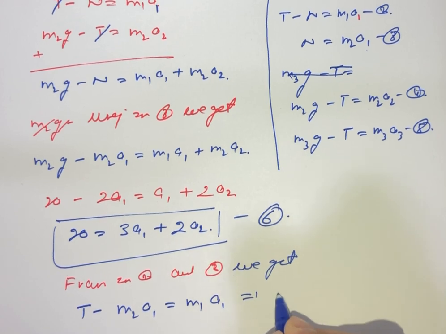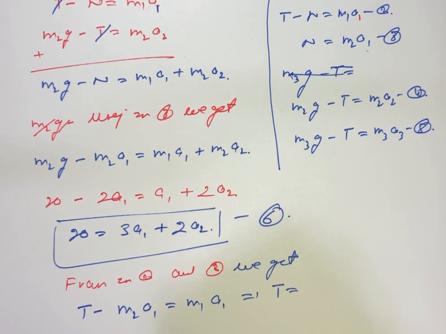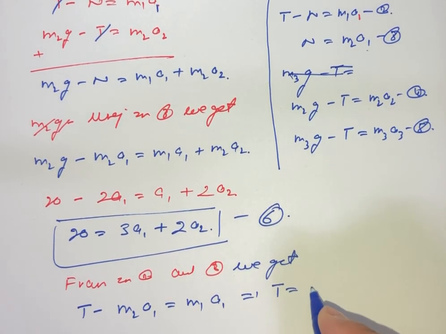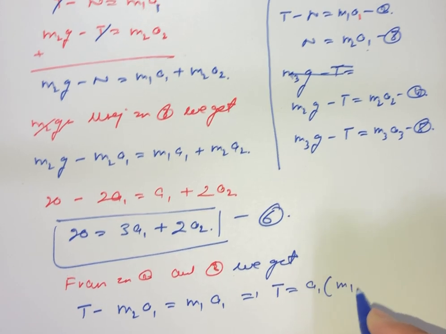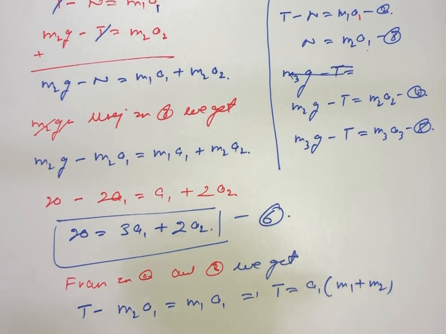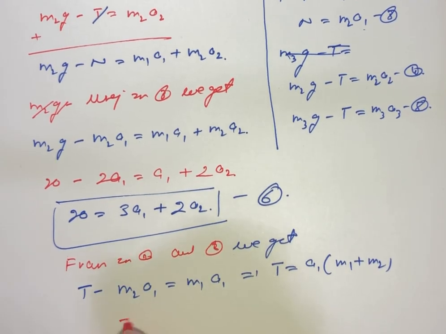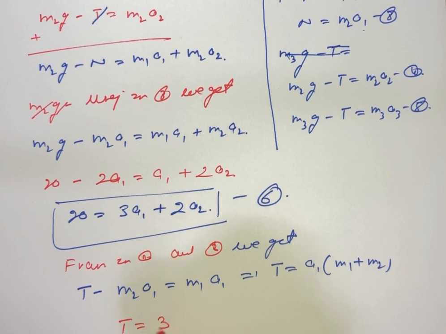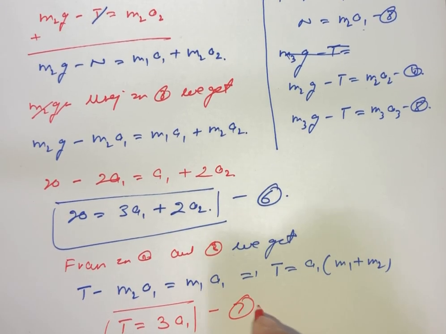So from here we can say T is equal to a1, we can take it as common, so this will be M1 plus M2, and M1 is 1 kg and M2 is 2 kg, so we get T is equal to 3a1. Let us suppose this is equation number 7.